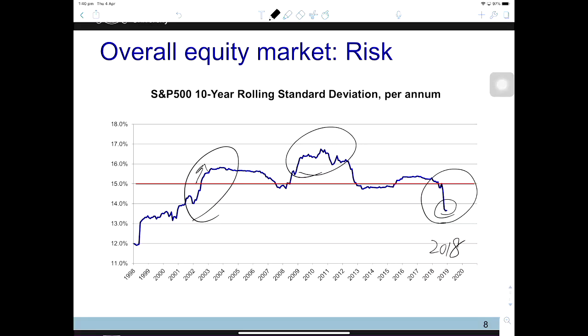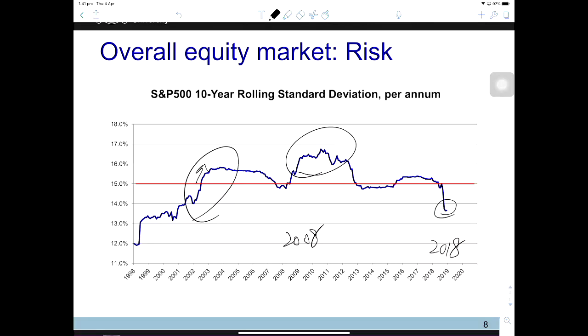The influence of the GFC. Yes, exactly. That's why we calculate the 10-year rolling statistics. For investors who have a long-term investment horizon, the effect of the market volatility in 2008 is diluted over a long-term investment horizon. And 2008 is the so-called milestone in our calculation of the standard deviation.